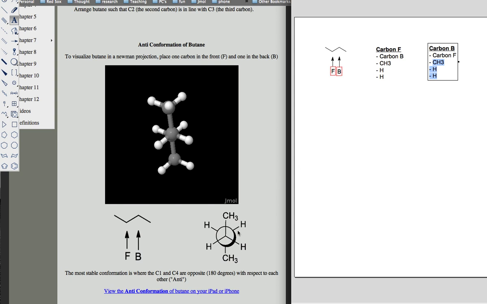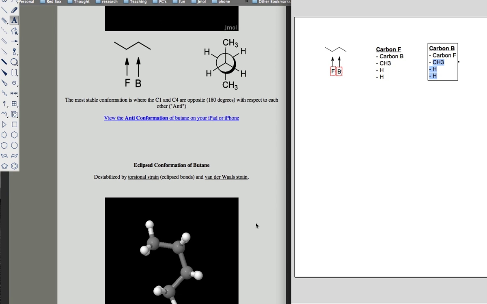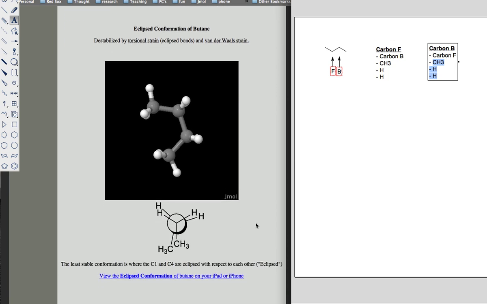And as you can see in the Newman projection, here we have a CH3, a hydrogen and a hydrogen, and on the back carbon, we have a CH3, a hydrogen, and a hydrogen. And then we simply rotate the front or the rear, but only one of them, in order to get the other conformations of the structure. Again, we're rotating around a single bond.